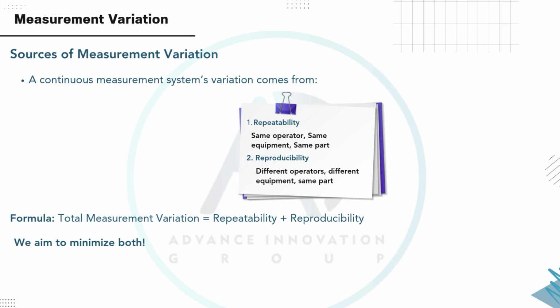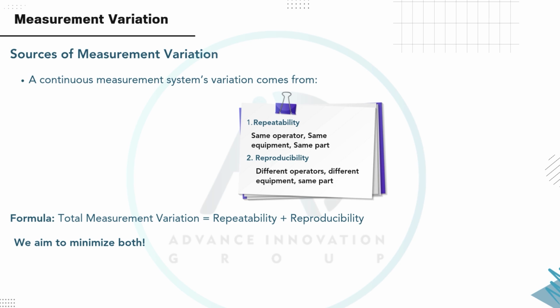2. Reproducibility. This type of variation occurs when different operators use different equipment, but measure the same part. It reflects the impact of changes in people and tools on the measurement. Together, these two components form the total measurement variation, expressed in the formula: total measurement variation equals repeatability plus reproducibility.